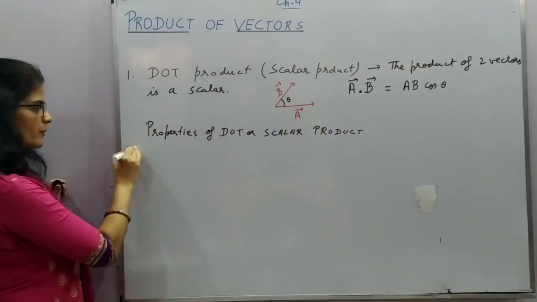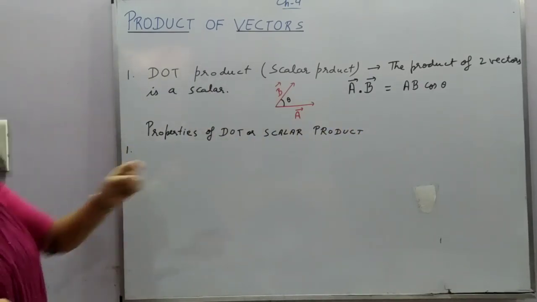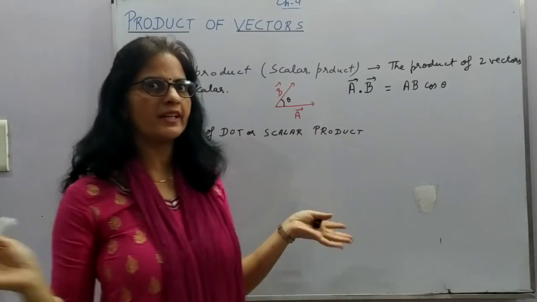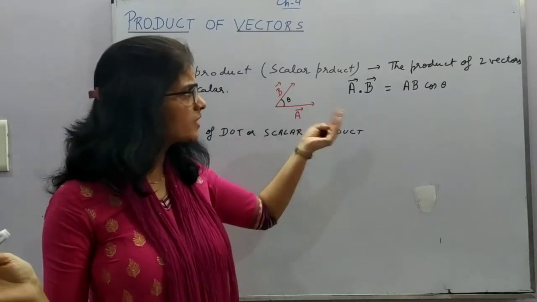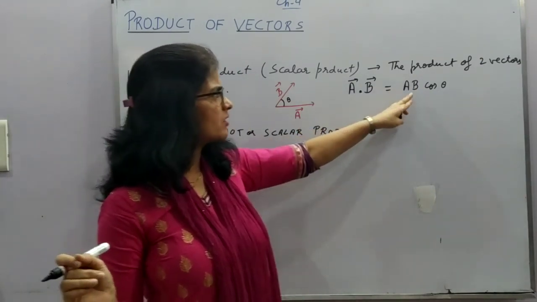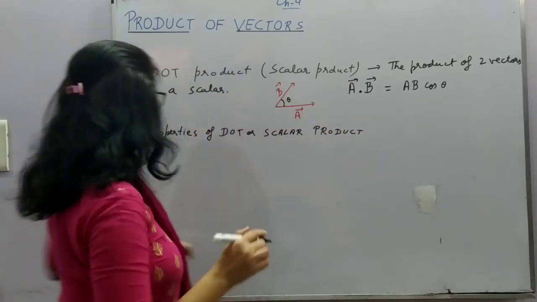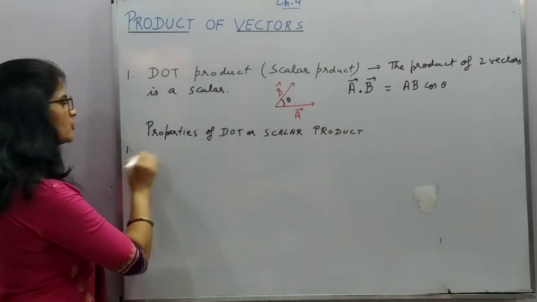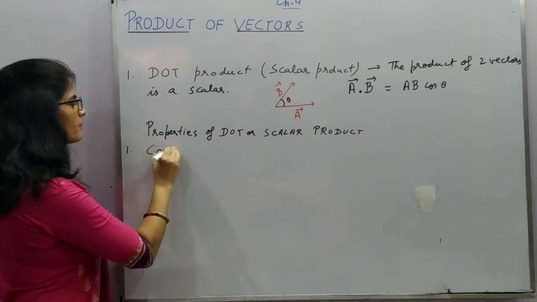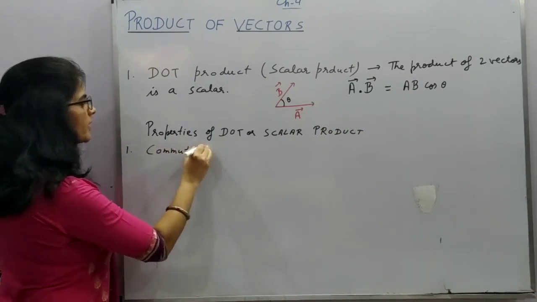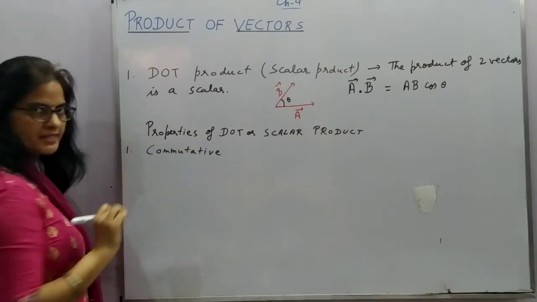Right? So what will be the first property? We know here only magnitude is involved, no direction is there. So I can change the sequence. I can write BA cos theta, then it will be B dot A, right? So I can say that dot product is commutative. What does commutative mean?